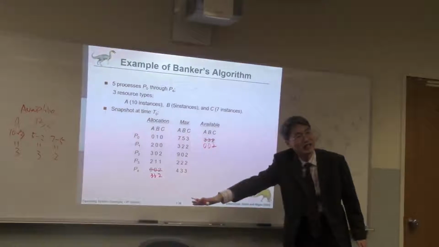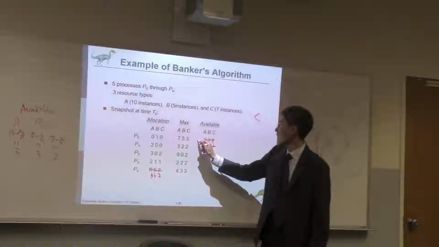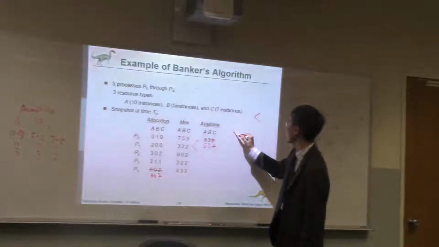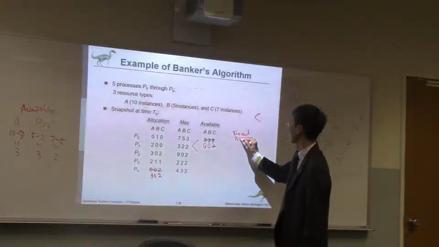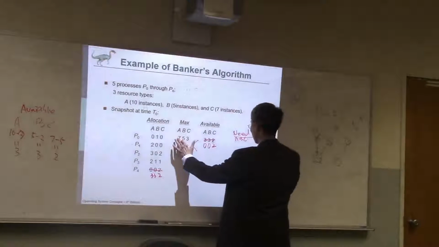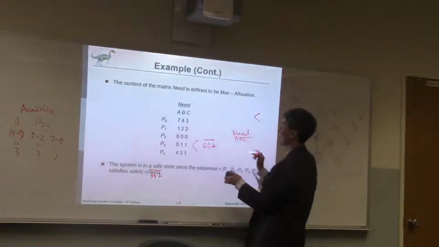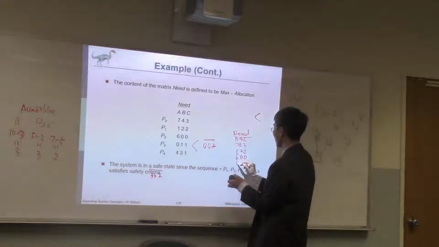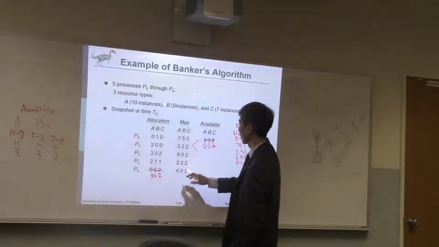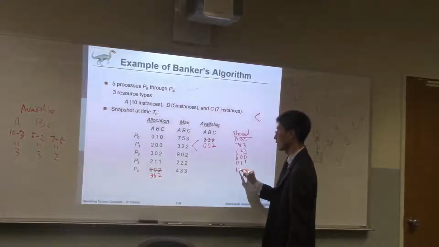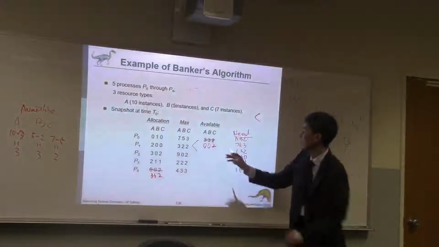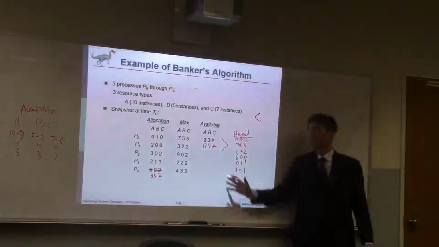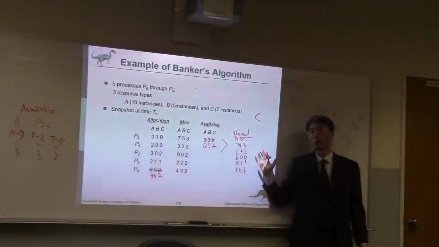Then we try to run the same algorithm. First, which one is less than this? Max is not changing. We need to calculate the need. So need is, let me quickly, 7, 4, 3, 1, 2, 2, 6, 0, 0, 0, 1, 1, and the max minus this one is 1, 0, 1. And this is available. So we want to find, is there any process whose need is less than available?